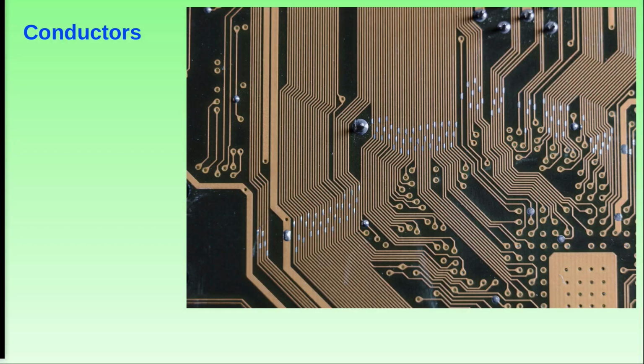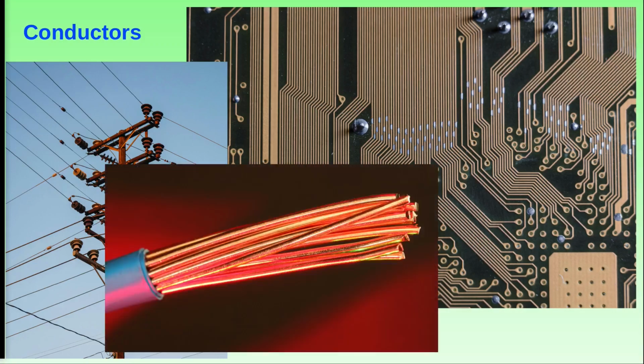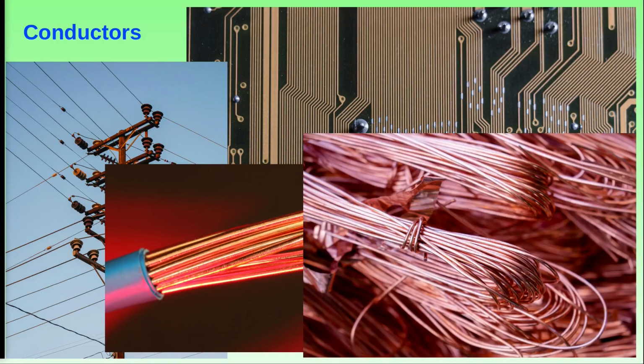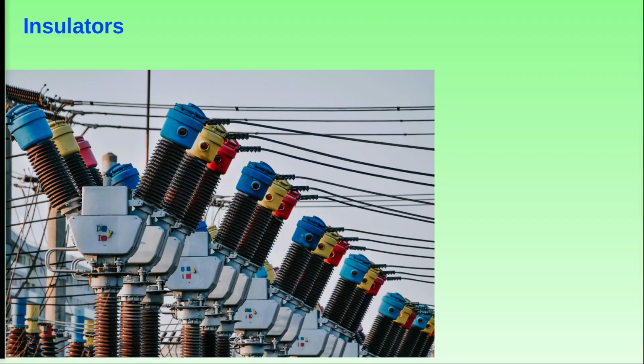Before we get to the components, let's look at the three ways materials behave electrically. There are three fundamental kinds of materials: conductors, insulators, and resistors. Conductors allow current to flow very easily, like for example in copper wires. They have a high conductivity, which translates in a very low resistance. Insulators are the opposite of conductors.